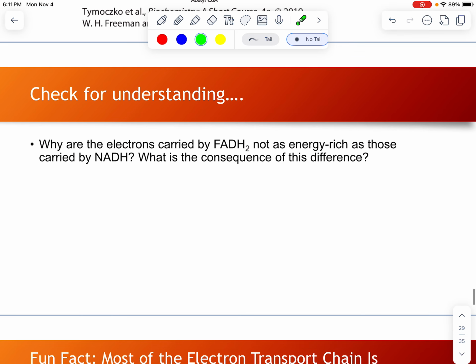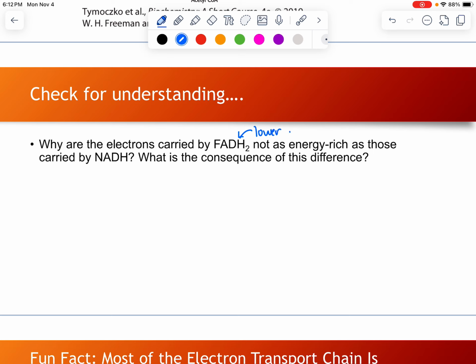All right, a couple checks. Why are electrons carried by FADH2 not as energy rich as those carried by NADH? And we kind of already looked at this. It is because FADH2 has a lower redox potential.